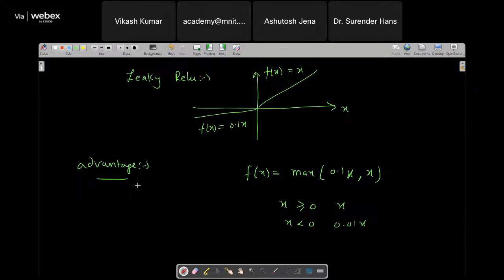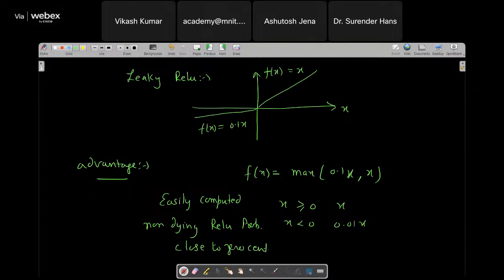So next, we can compute this leaky ReLU easily because there is no exponential. There is no dying ReLU problem. And it is close to zero-centered. So non-saturated.